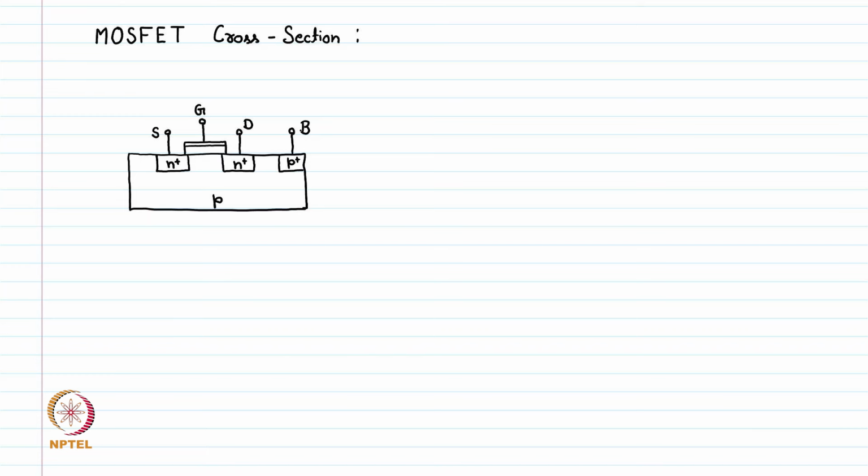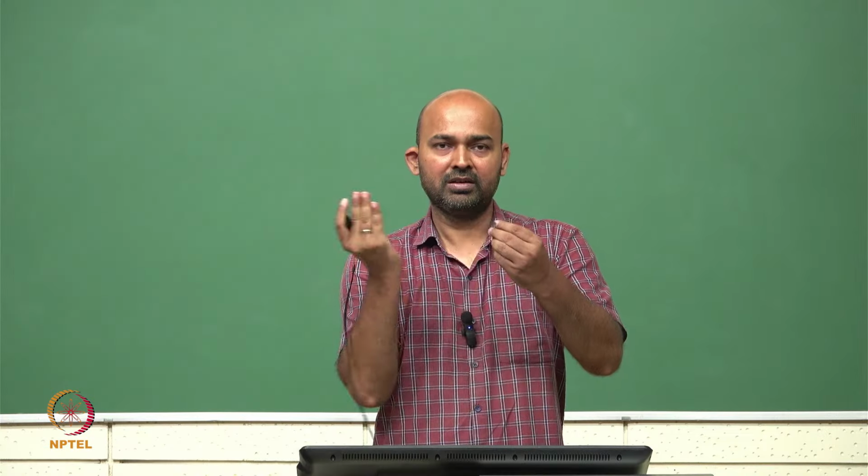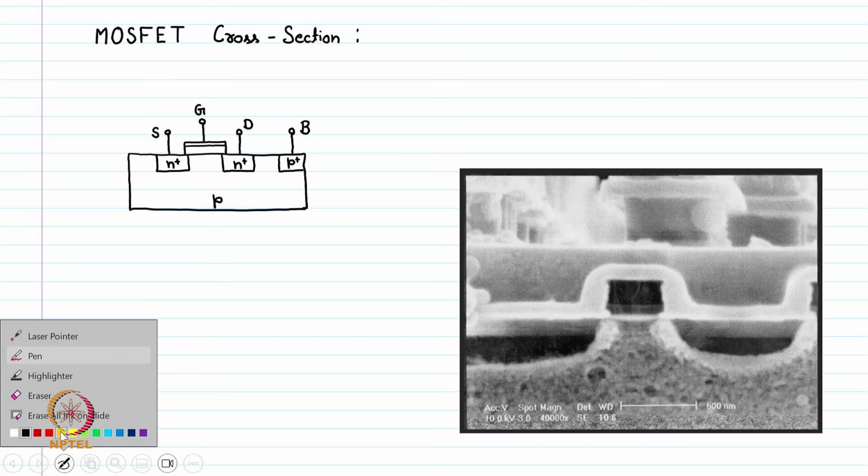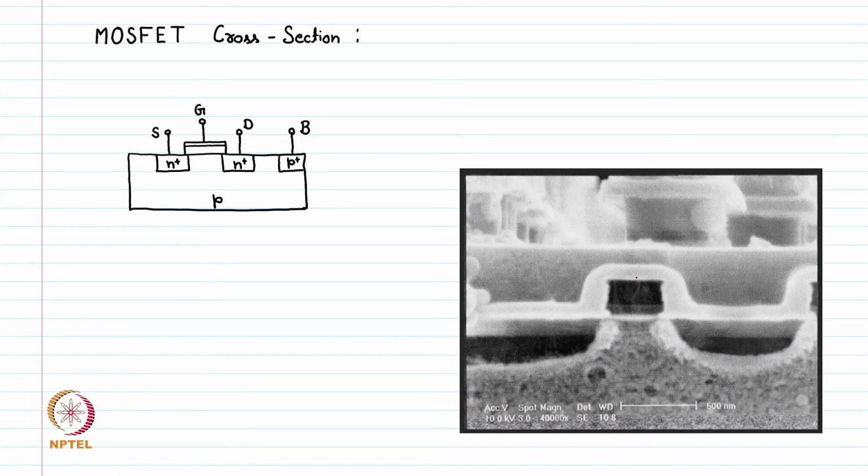However, if we see the MOSFET actually on the silicon, if we take the silicon wafer and cut it perpendicular to this surface, then we see the actual MOSFET structure. This looks something like this. So here you can see this is the gate terminal, this is our source terminal, and this is the drain terminal.